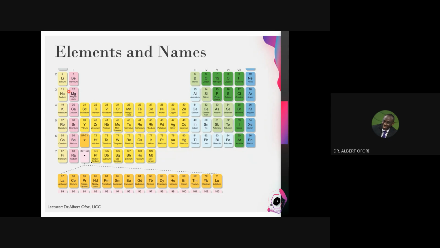If I take, for example, energy level 2, or shell number 2, it's just 2 shells there. And if you go across, it's still 2, only that the atomic number is increasing, so the number of electrons is also increasing.